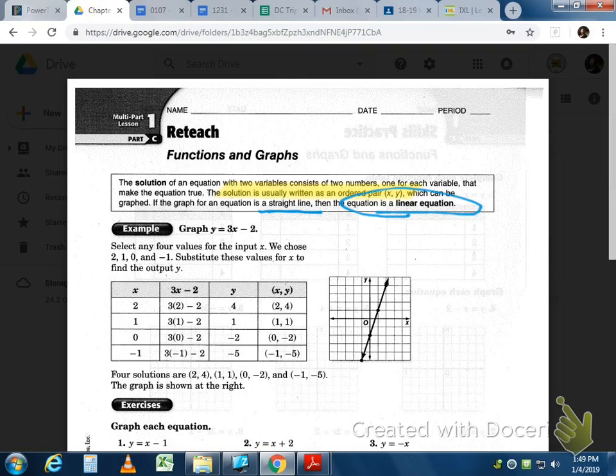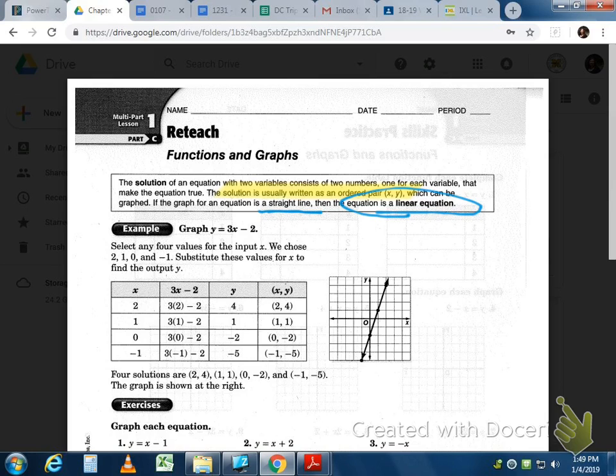I'm going to have you do it in order of negative 1, 0, 1, 2, just in reverse of what they did. Substitute these values for x and find the matching output. Once you find that, you're going to have four ordered pairs to graph on a line, and then you put the line through the points, arrows on the ends, and you'll be done.